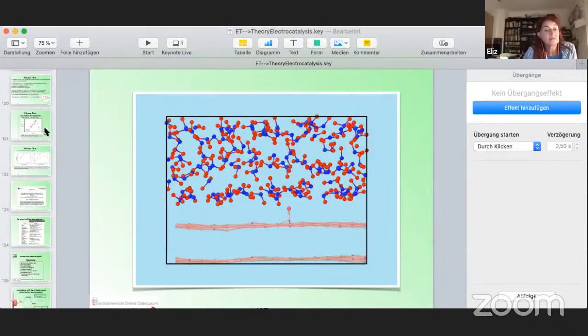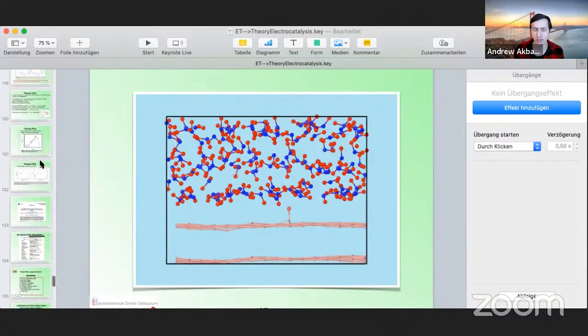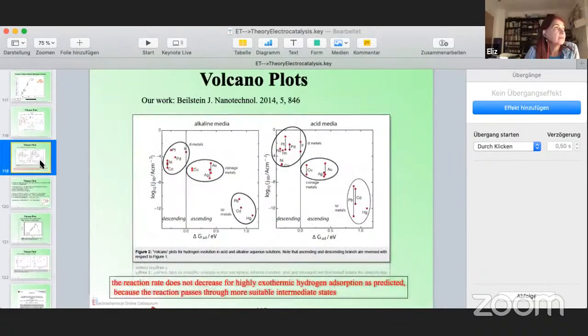Now, your approach, of course, includes the actual activation step, which means that you can calculate the kinetics more or less directly. From the adsorption energies, what people normally do is say something about the activation energy, exactly through this Sabatier principle.